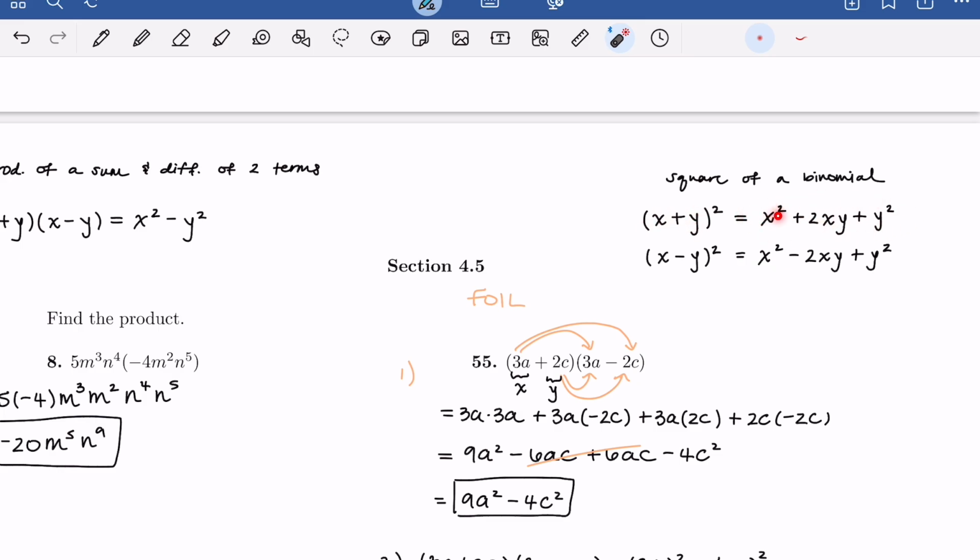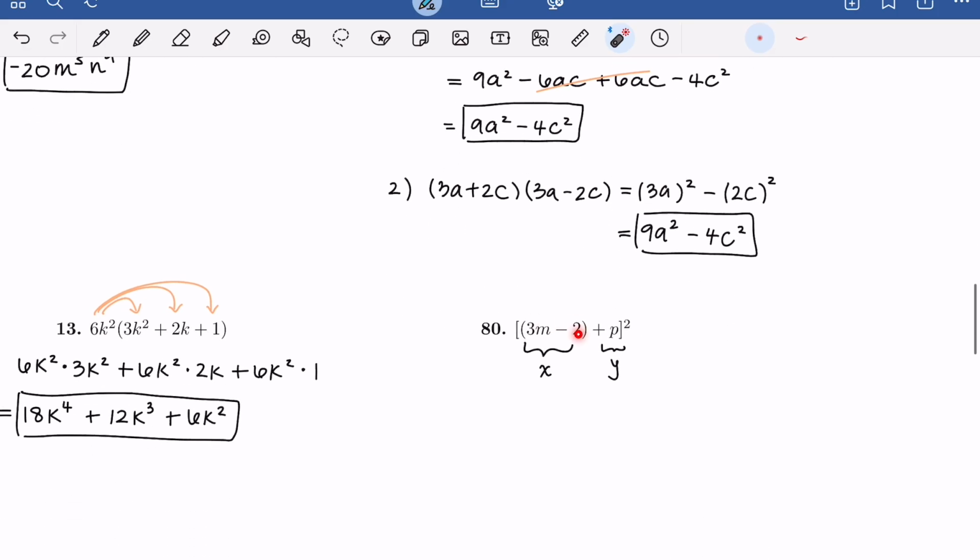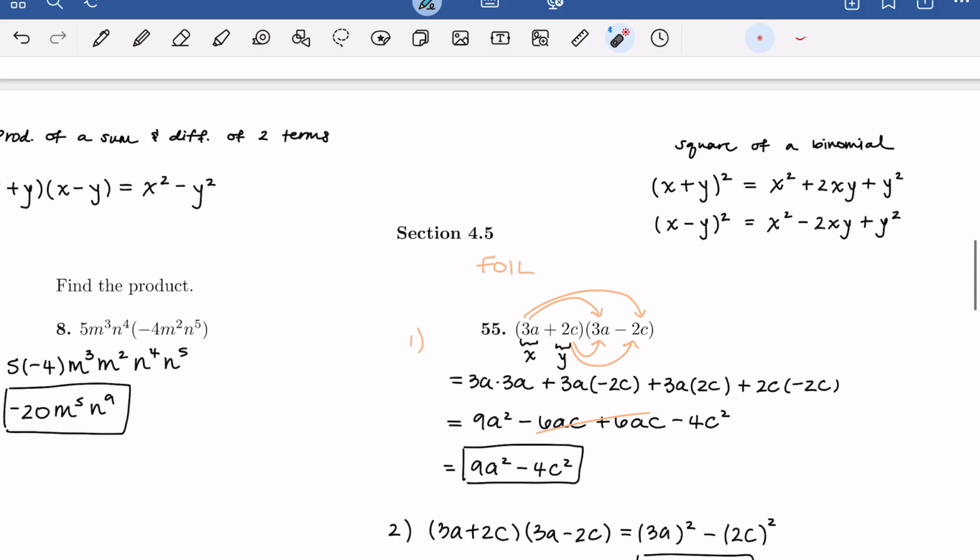The first thing that we're going to do is square this first term. If this first term is 3m minus 2, we're going to take the square of that. So 3m minus 2, this entire thing, is being squared because we're treating this entire thing as the first term. All right, now let's look at our second term here. This is going to be 2 times this first term x times the second term y.